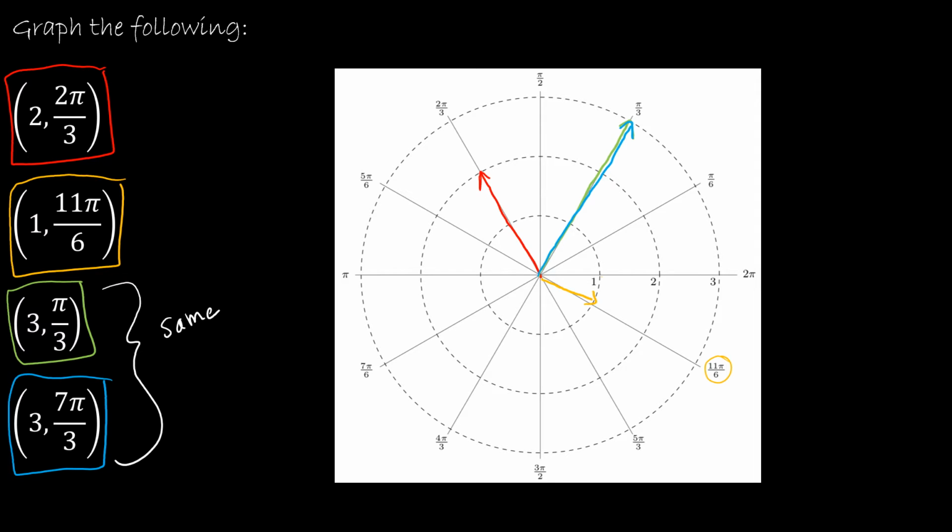And so it's okay for us, whenever we have an r comma theta, an equivalent polar coordinate would be r comma theta plus 2 pi. If I add 2 pi, which is what I did here, I just didn't tell you that's what I was doing. 2 pi is 6 pi over 3.